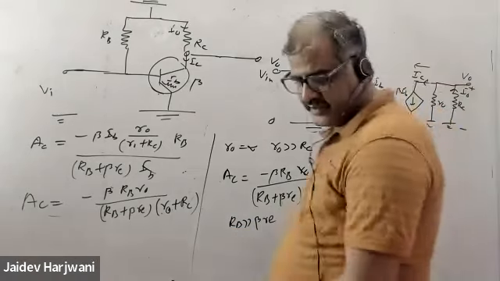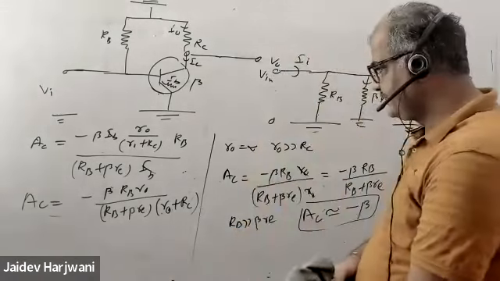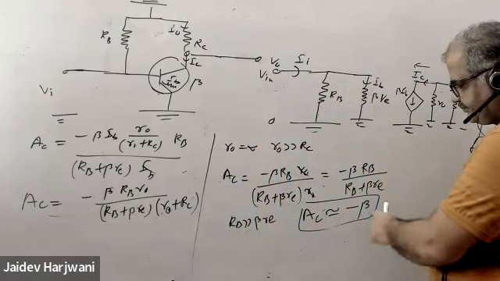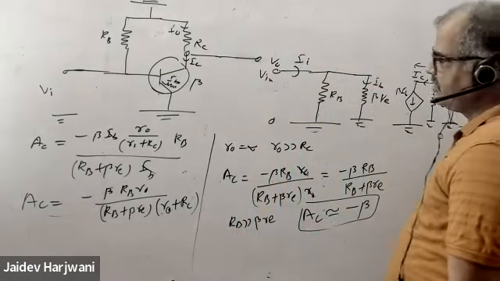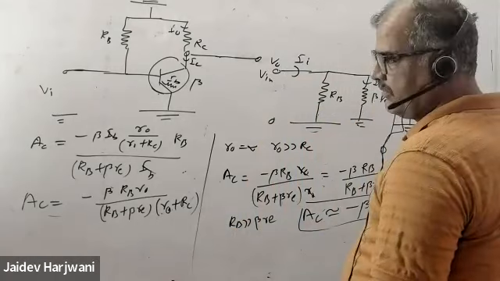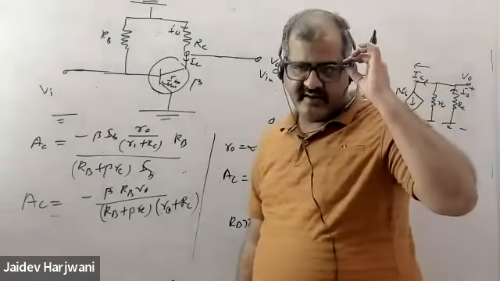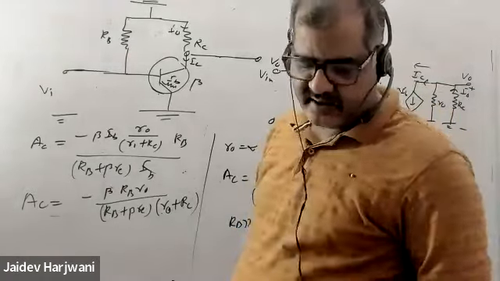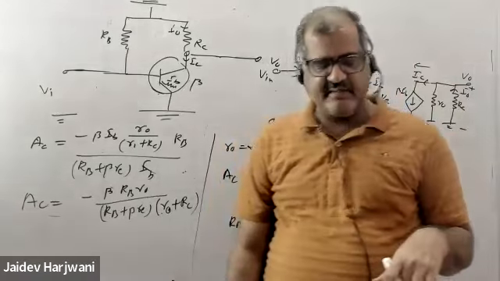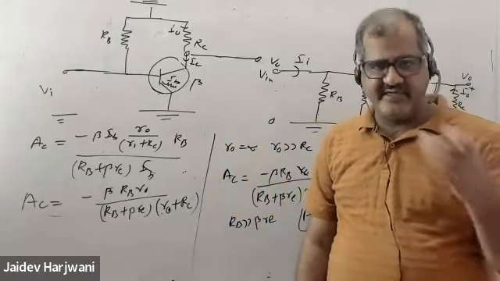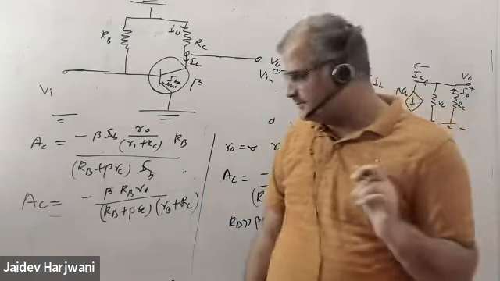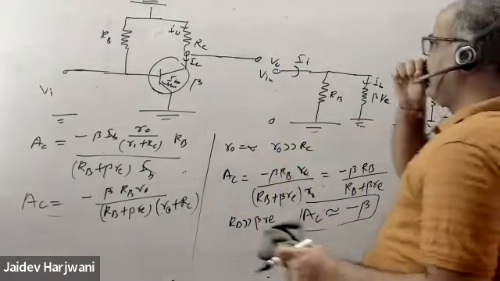Okay, so the magnitude is equal to beta. The sign is just because of phase reversal in common emitter configuration. There will be a 180 degree phase difference between input and output. Okay, that's why the minus sign comes.